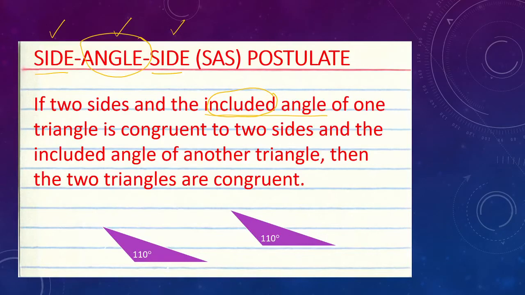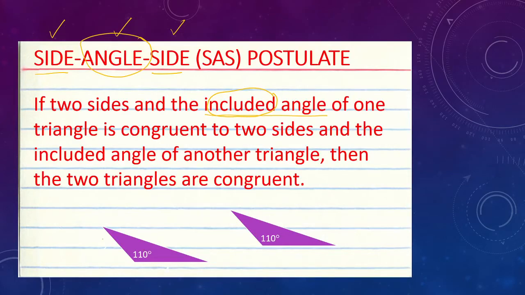That's why it's stated here, included angle of one triangle are congruent to 2 sides and the included angle of another triangle. Therefore, the 2 triangles are congruent.